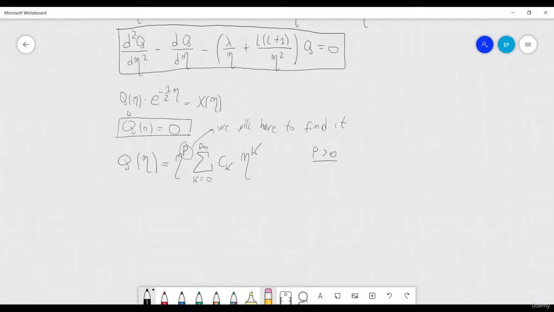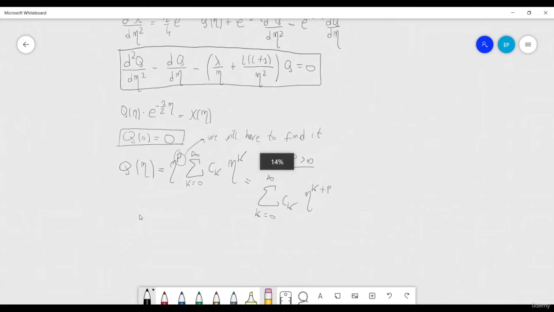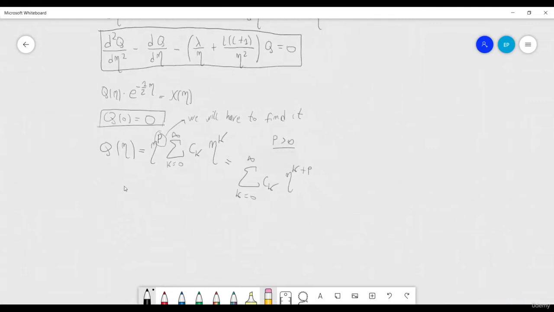Now, I have to calculate the second derivative with respect to eta of this function, but this is straightforward, because it is simple to calculate derivatives of powers. So this can also be written like this: a sum from 0 to infinity of c sub k times eta to the power k plus p.